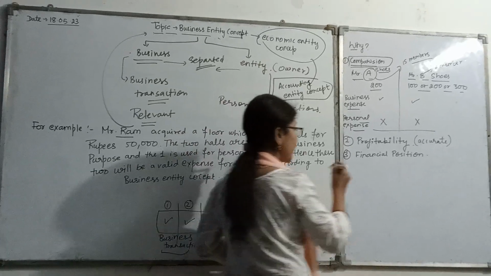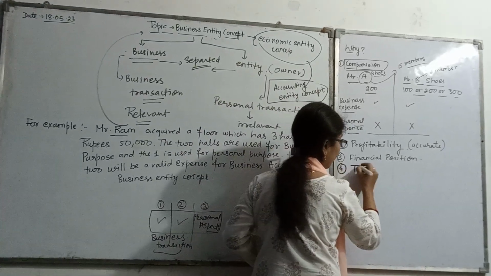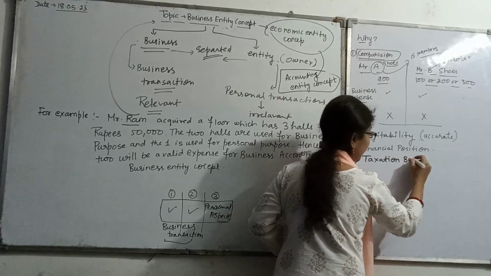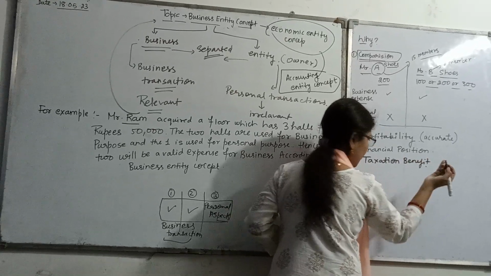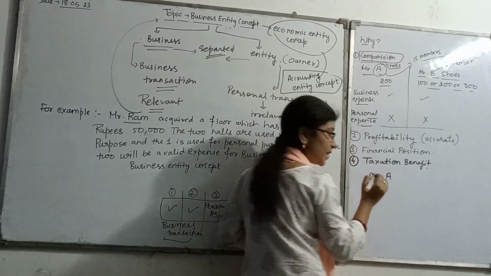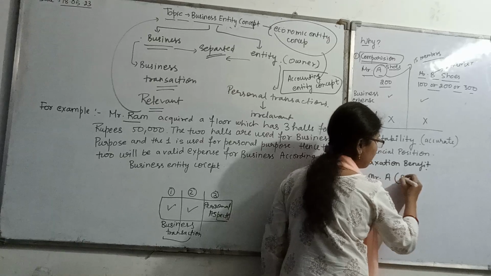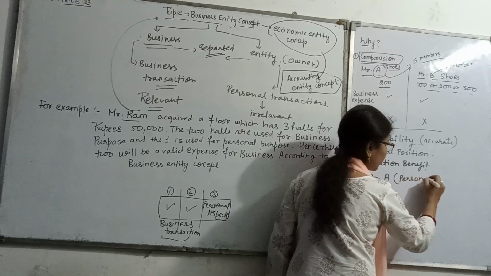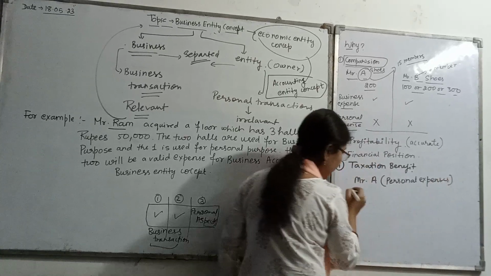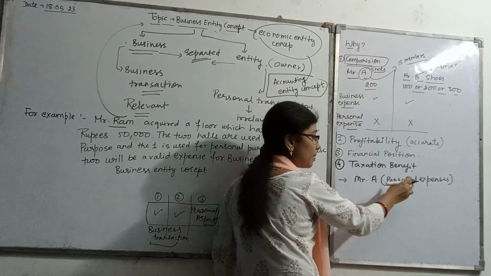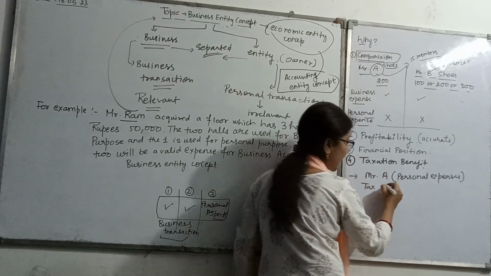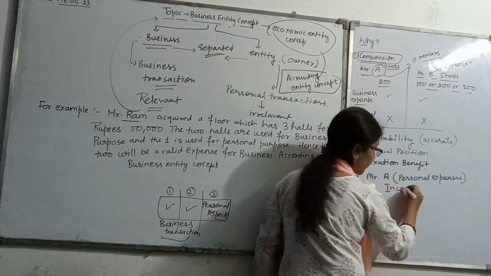Now the fourth point is taxation benefit. Just for your understanding, Mr. A is a person who has some personal expenses and bears some taxes, personal tax, direct tax, income tax.